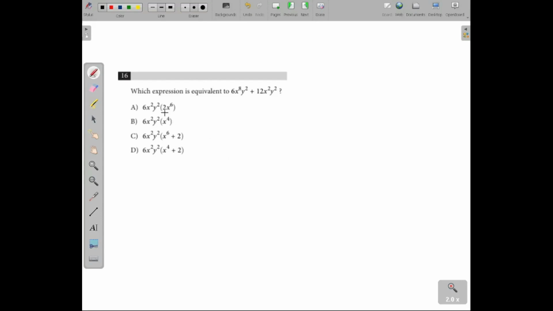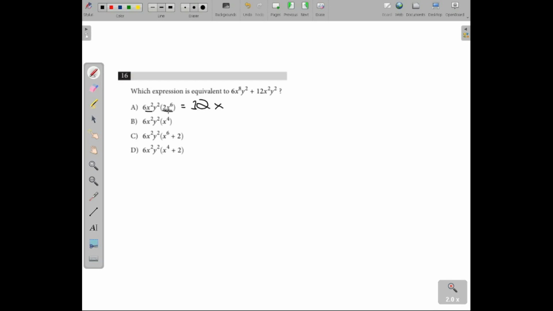Number 16. Which expression is equivalent to 6x to the 8 y squared plus 12x squared y squared? We have two ways of solving this. We could multiply each answer like this one, 6 this term times this term. So, for example, 6 times 2 is 12, 12x.